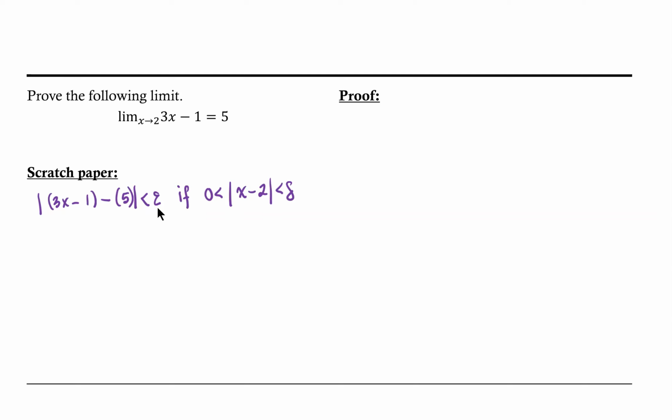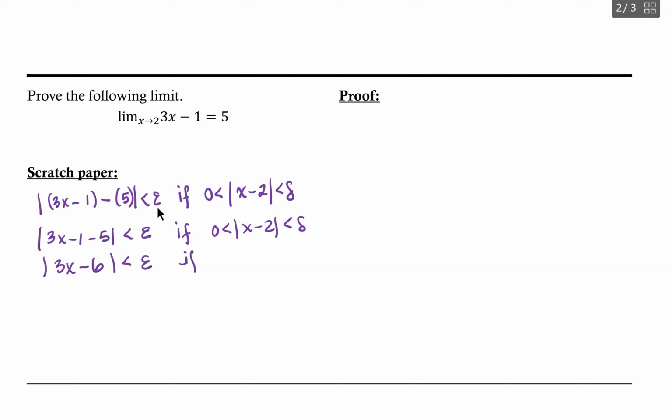So working with this algebraically a little bit, we have the absolute value of 3x minus 1 minus 5. We want that to be less than epsilon if 0 is less than the absolute value of x minus 2 is less than delta. Some more algebra here. Absolute value of 3x minus 6 is less than epsilon if our interval is small enough around 2, so 0 is less than absolute value of x minus 2 less than delta.